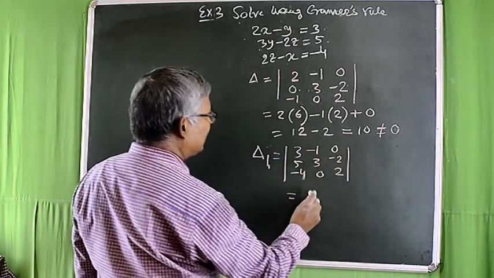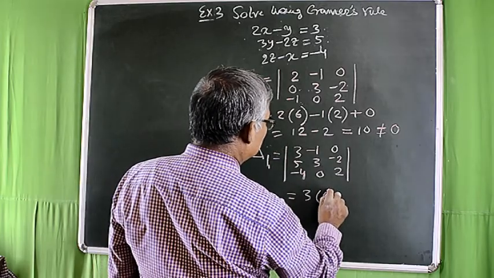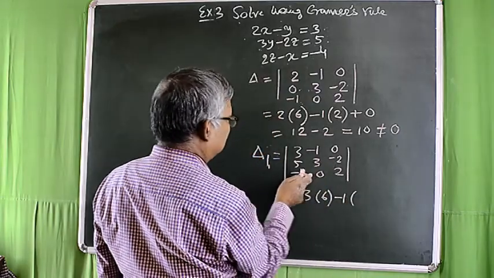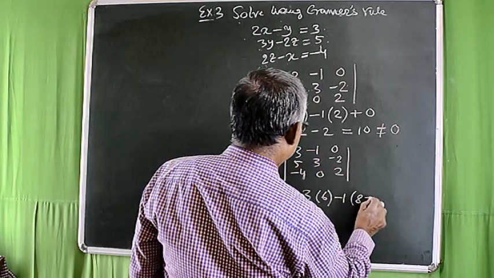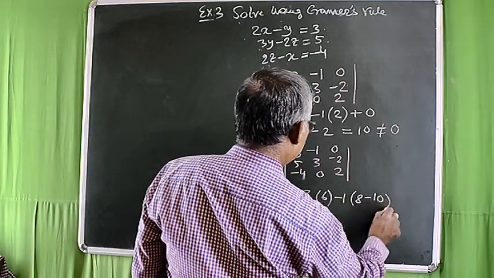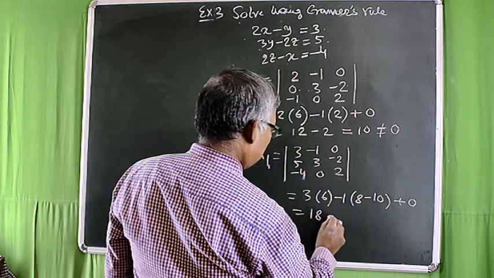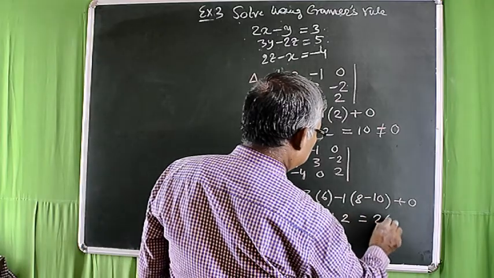So it can be written as 3 into 6 minus 0, minus 1 into minus 2 into minus 4, that is 8, minus 5 into 2, 10, plus 0, that is 18, plus 2, that is 20.